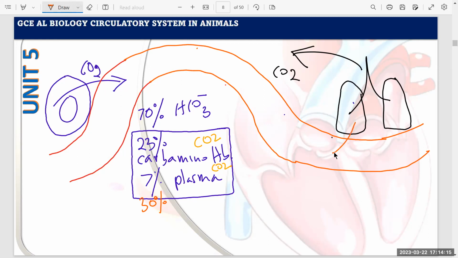Then this 30% can be released out of the lungs as carbon dioxide. We have learned it is carbon dioxide we remove from our body during breathing out. Breathing out is also called exhalation. In exhalation, we remove carbon dioxide out of our body. But we know bicarbonate cannot be removed from the lungs.